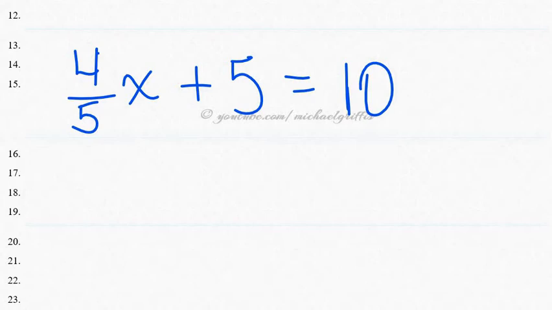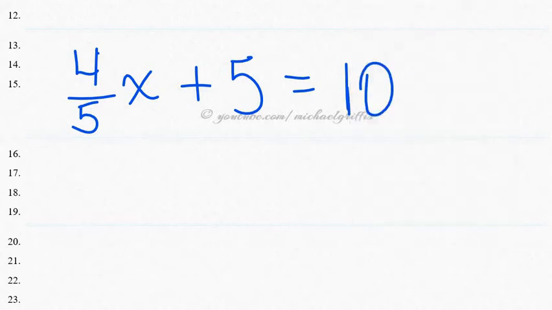Now, I'm going to go ahead and take care of this fraction. We're going to talk more about how to deal with fractional expressions in the next video, but this is the best way to do it.